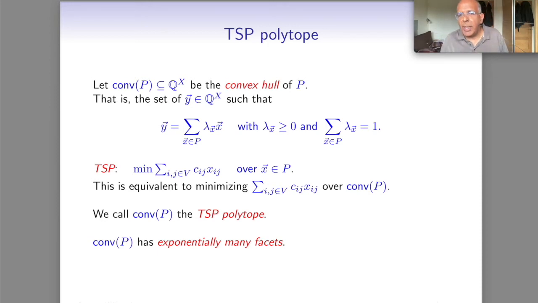In fact, we don't even have any explicit description of all the facets of this thing, which is known as the TSP polytope. We know it's the convex hull of a collection of (n minus 1) factorial points in this space. But how do you describe the actual hyperplanes that make up the facets? No one's ever given an explicit description of this.